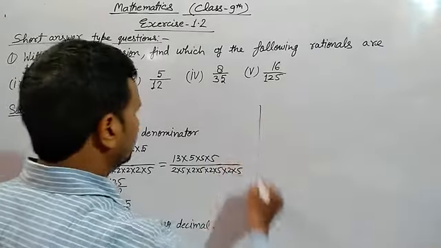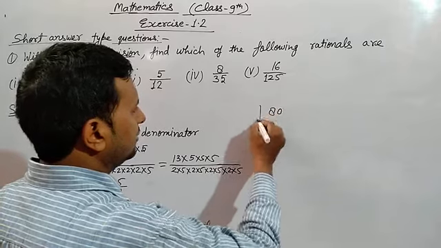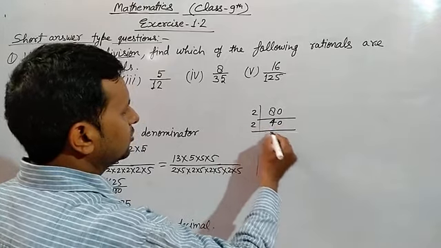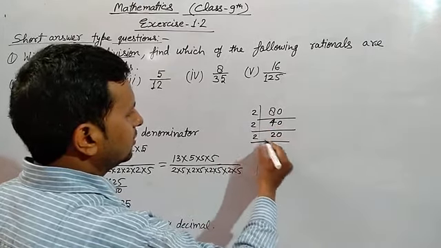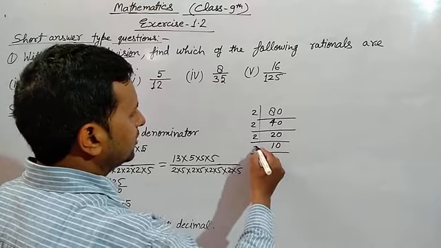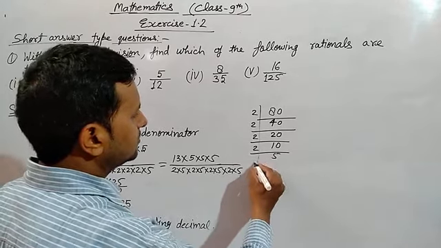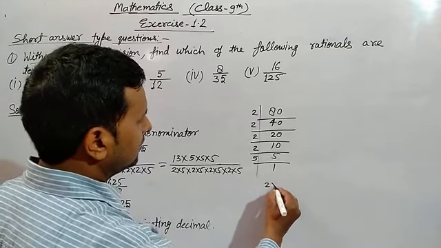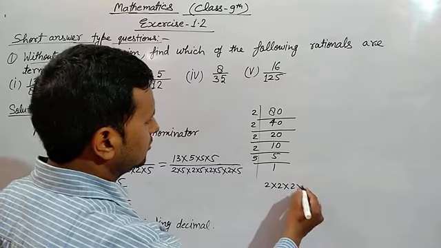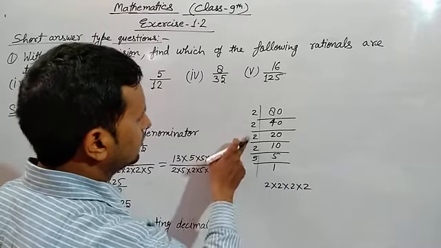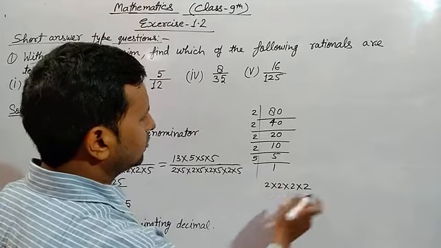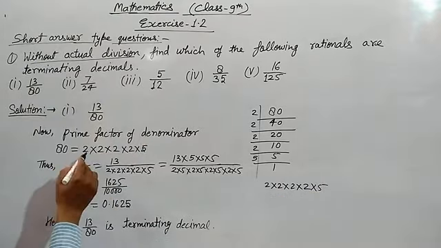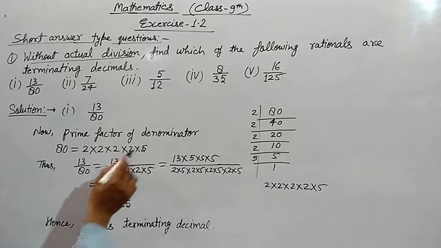How? 2 fours are 8, 40; 2 twos are 4, 20; 2 ones are 2, 10; 2 fives are 10, and again 5 ones are 5. So the prime factors are 2 into 2 into 2 into 2, that is four times 2, into 5. So we can write 80 is equal to 2 into 2 into 2 into 2 into 5.